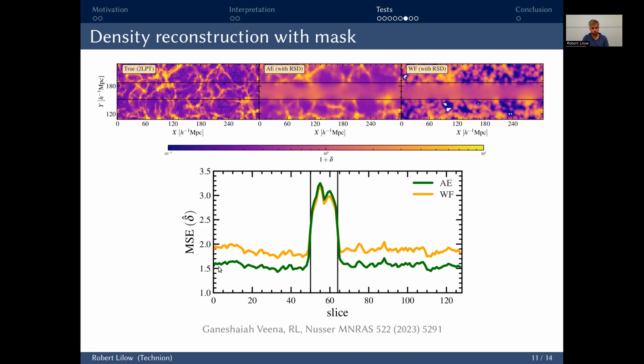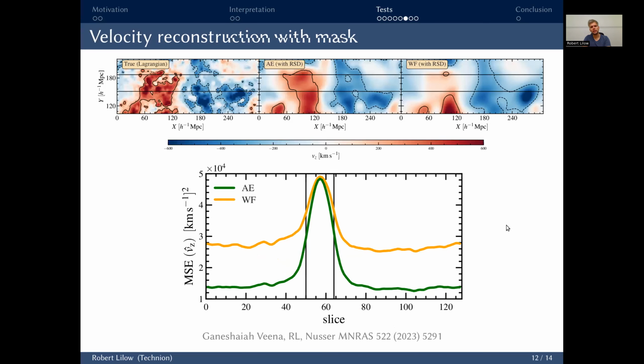However, what is very important to see is that outside of this mask, the neural network still reproduces the same low MSE as it did without any mask whatsoever. So it means the introduction of the mask, breaking some symmetries, doesn't suddenly hinder our training process. Still works fine. I have a similar picture for the velocities, although there you can actually see a notable improvement of the autoencoder over the Wiener-filter within and around the mask, both visually as well as in the MSE.